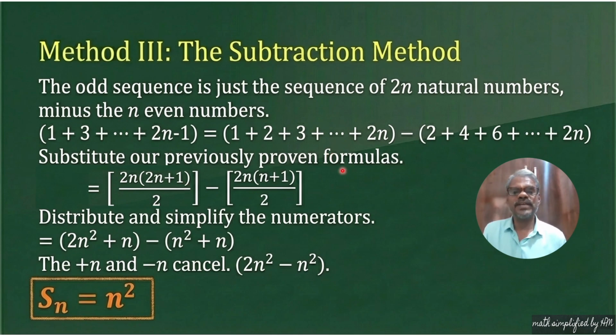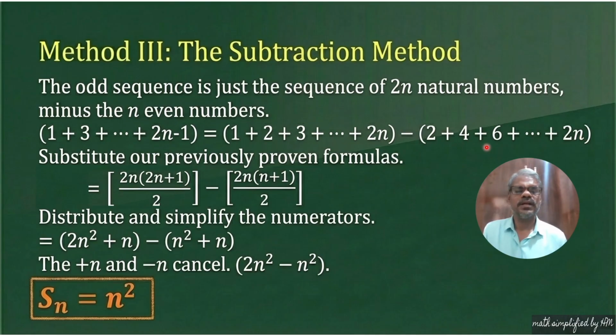Substitute our previously proven formulas. From equation 1 we have 2n(2n + 1)/2, as here n is 2n. So n(n + 1) becomes 2n(2n + 1)/2, minus the sum of even numbers.